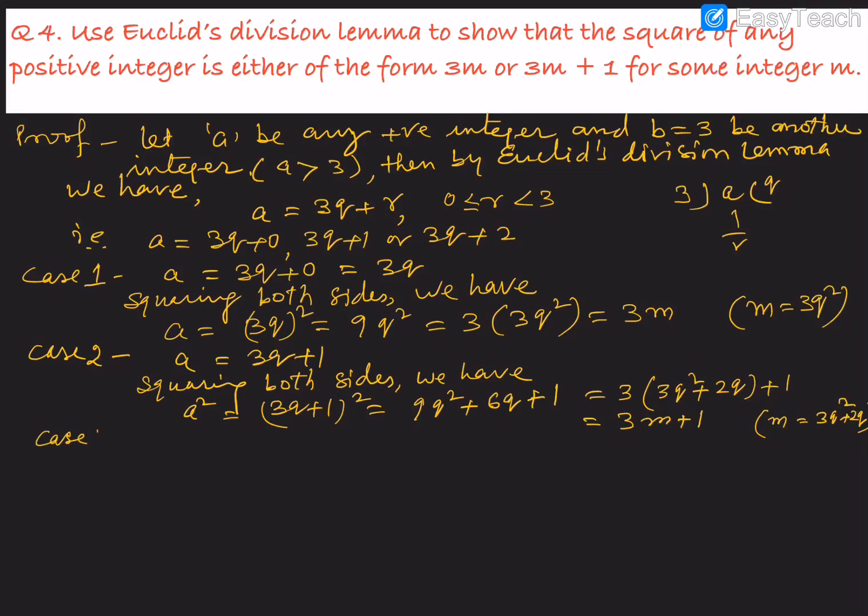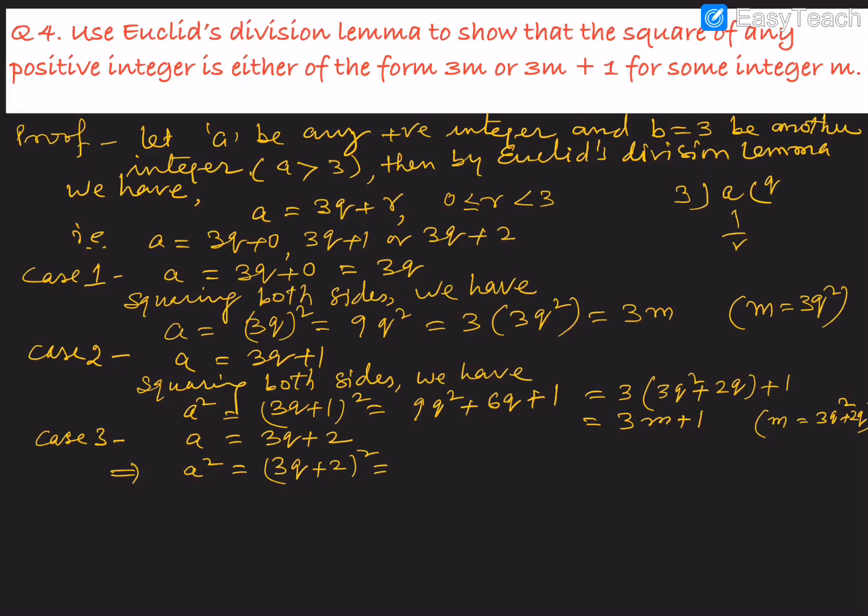Case third, let a be equal to 3q plus 2. Again squaring both sides, we get a square is equal to 3q plus 2 whole square.